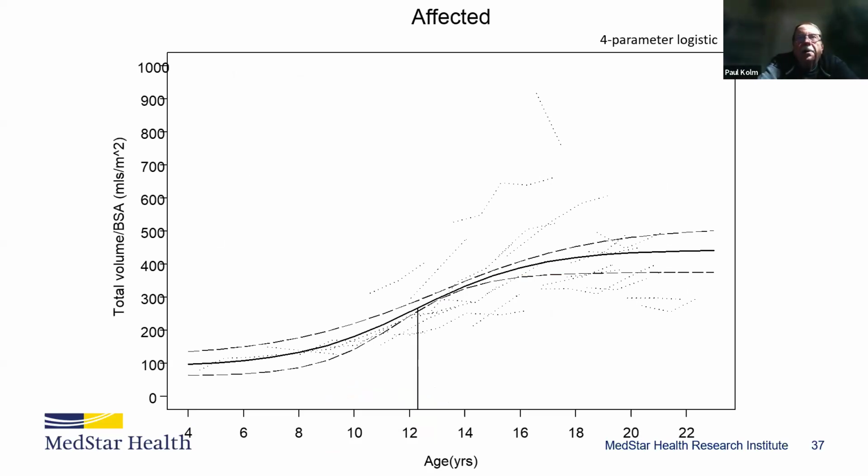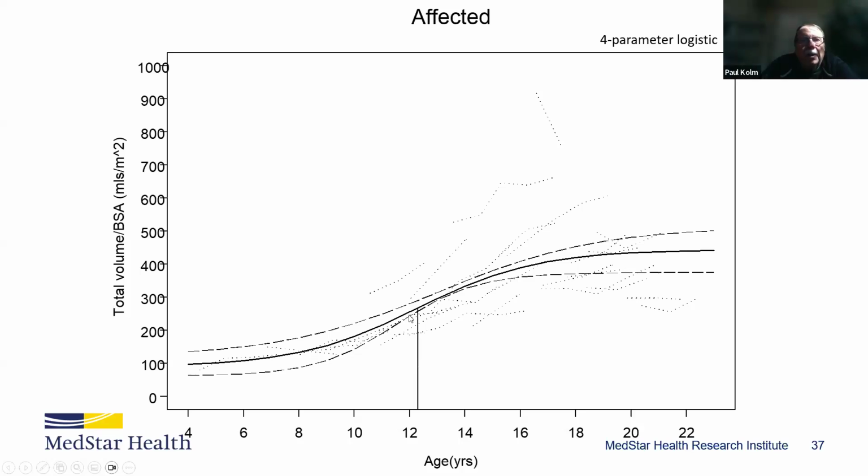The dotted lines are the actual individual patients and their total volume at different ages. You can see that there are some real outliers out here, but our primary model, then our 4-parameter model, looks like this, the solid line, and then the dashed lines are the 95% confidence interval.